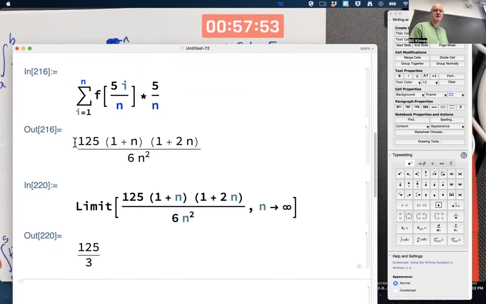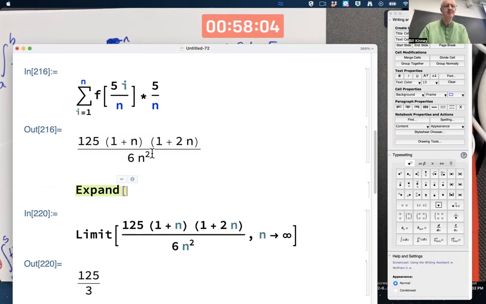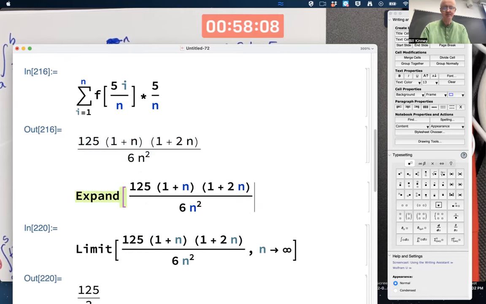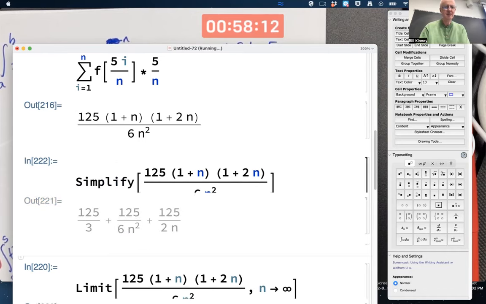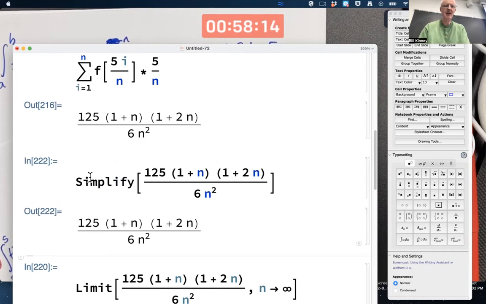Actually, you wouldn't even have to put this in Mathematica. You could figure it out on your own if you got this formula, because it's a rational function of n, where the degree of the top and the bottom are the same. Let's expand the top.